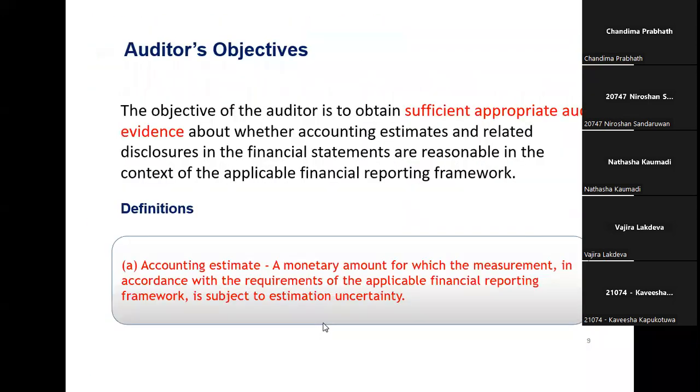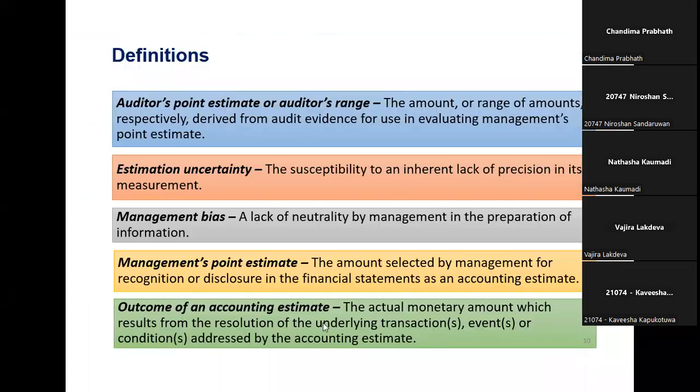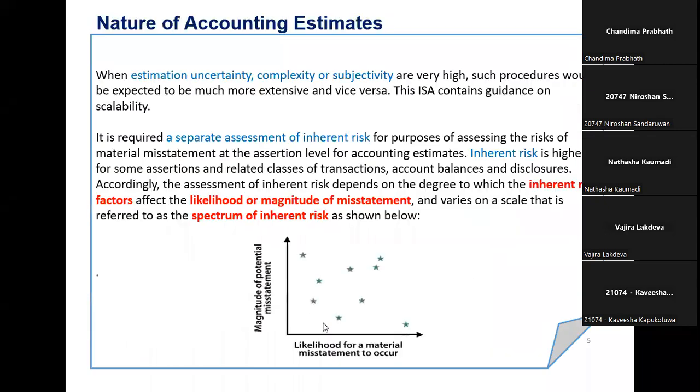If you take the inherent risk factors: estimation, uncertainty, complexity, and subjectivity. So if you take share-based payments, your assessment of the magnitude of potential misstatement and likelihood of a misstatement occurring would be assessed as low, and in that case inherent risk will be considered low.